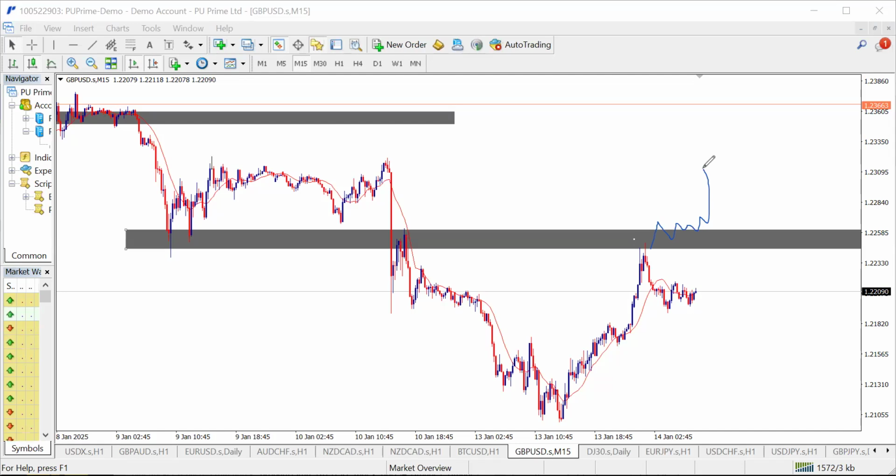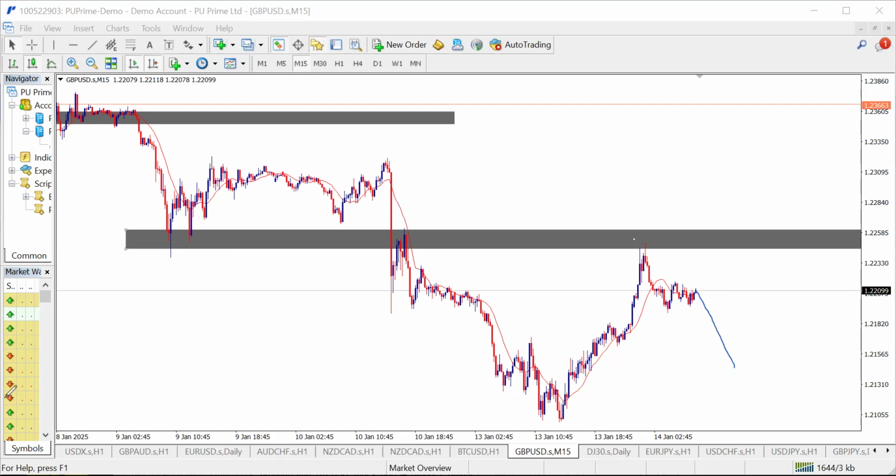But as long as we stay below this area of resistance or level of support, we won't jump in on this trade. So I'm currently waiting for this, then we get a move towards the downside.